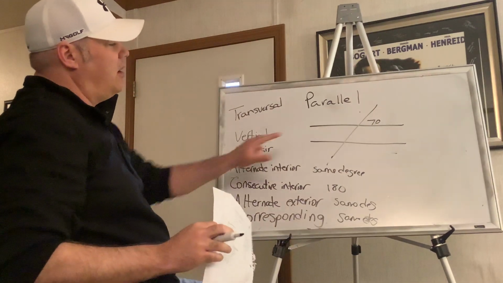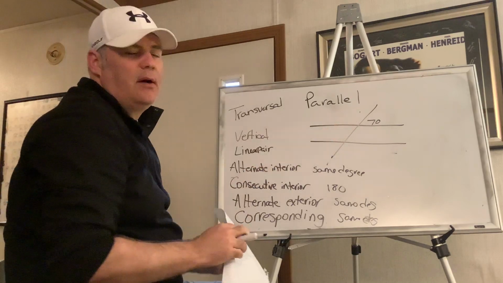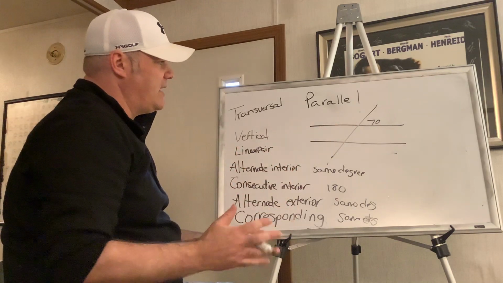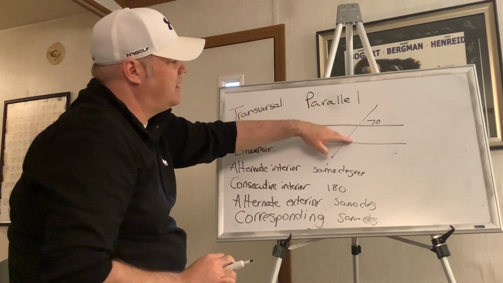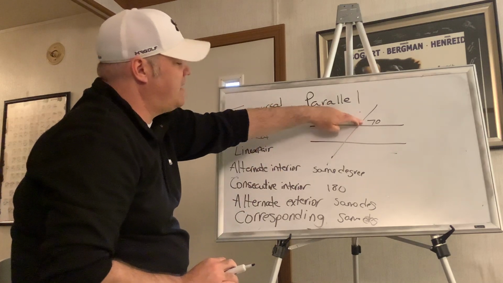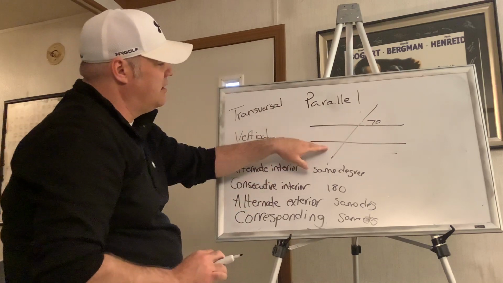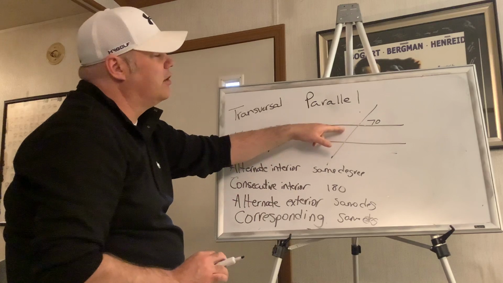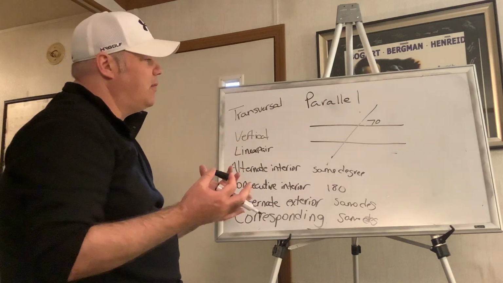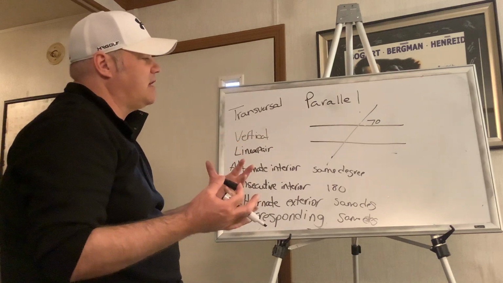Now I can solve every single angle just from that one angle, and I have multiple ways to do it. I can say 70, the corresponding one is 70. Or 70, the alternate exterior is 70. Or 70, the vertical one is 70. I have multiple ways to find these other angles.